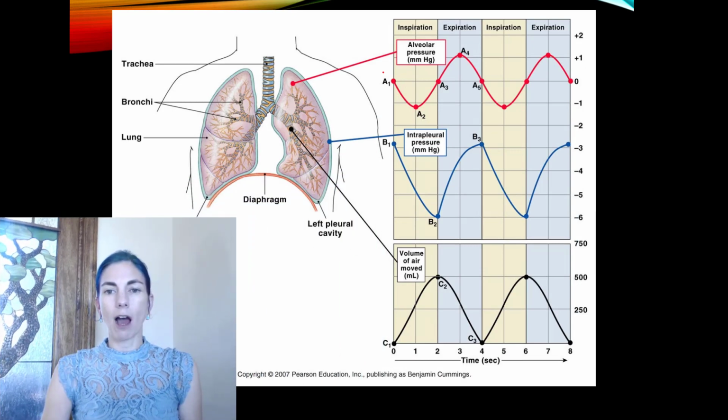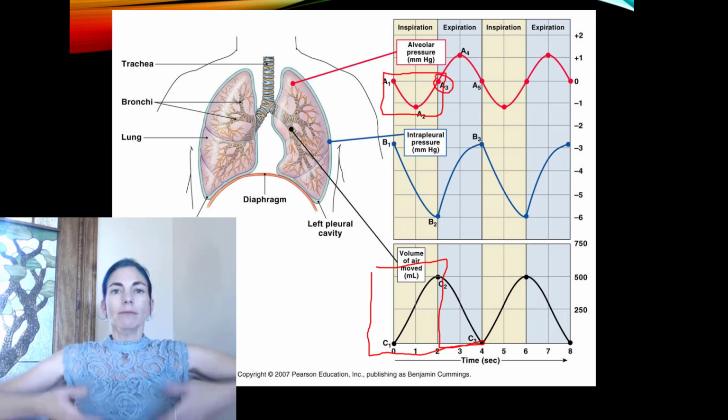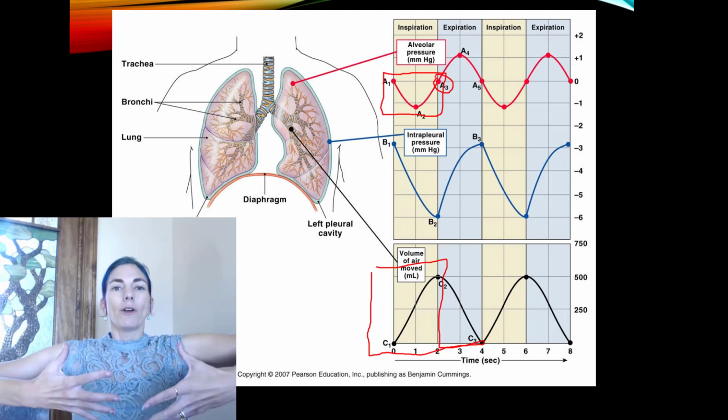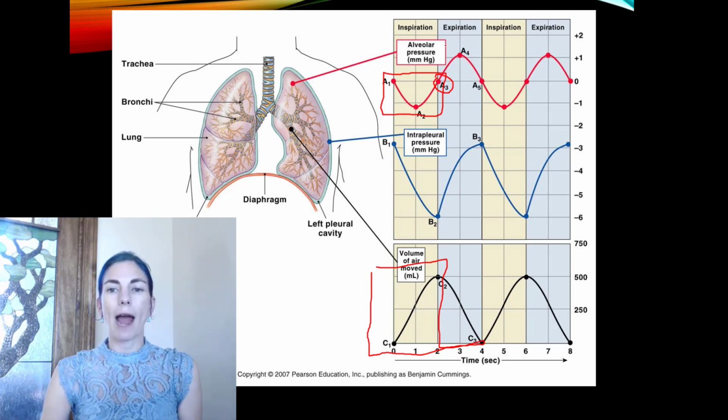So what we just saw, I'm going to box briefly. This is what we looked at. We're going to ignore the blue line. And now let's take a look at this part here. So you've reached the peak of your inspiration. You hold your breath, and now you're going to relax your diaphragm and let your rib cage contract.